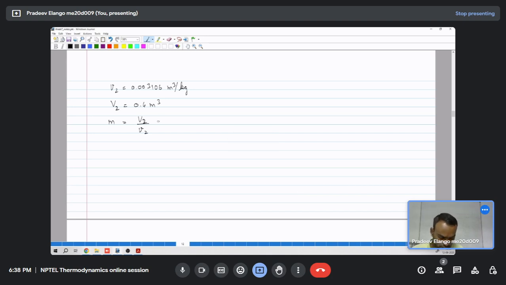This is 0.4 by 0.003106, that is 128.783 kilogram.